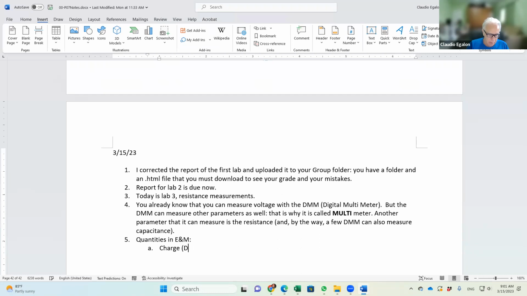Okay, DMMs in general cannot measure charges. Okay, the amount of charge. You need a special device to do that. But what else can it measure? You already know that we can measure voltage, right?